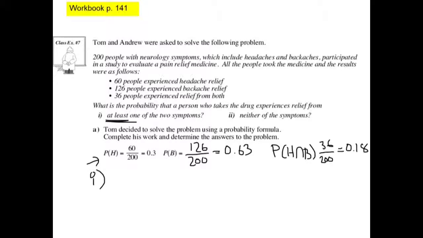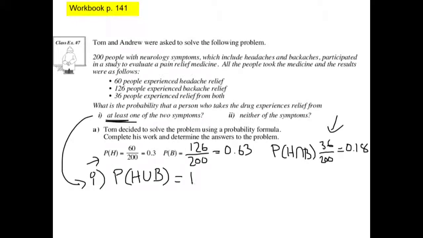So we want to find out how many people experience relief from at least one of the two symptoms. So the probability here, well, we're going to use the formula that we're assuming that these are not mutually exclusive events since we do have some overlap.